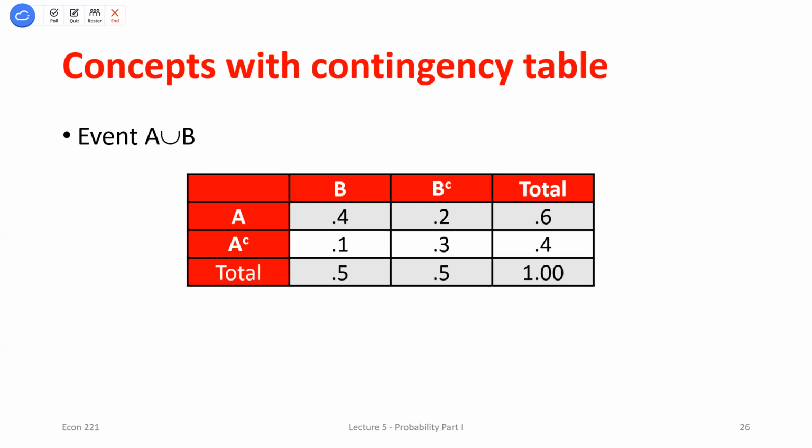The probability of A is 0.6, plus the probability of B, 0.5, minus the probability I'm in A and B, which is this top cell, 0.4. It's just a matter of doing this math. Any questions on that idea before we keep going?